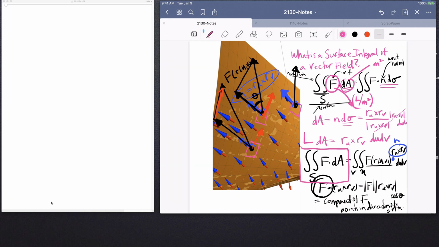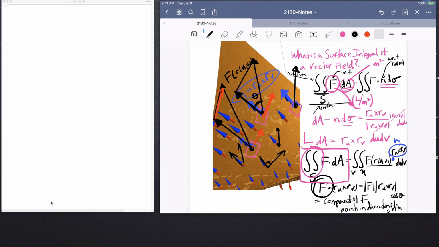So here, if we want to figure out how much of the vector field is actually crossing through the surface, we want to accumulate the amount coming through the surface, given that at each point you may have a different flow. There may be less fluid flowing through this part of the surface at this point. You may have a vector field that points this way, so none of the fluid is actually passing through the surface because they're at right angles.